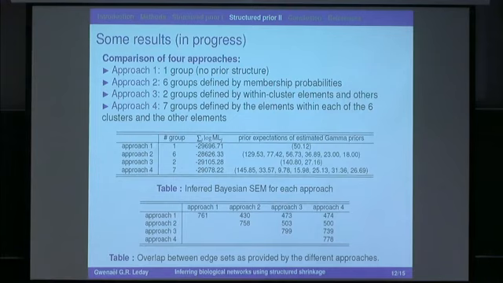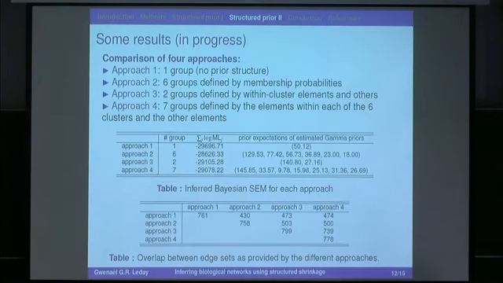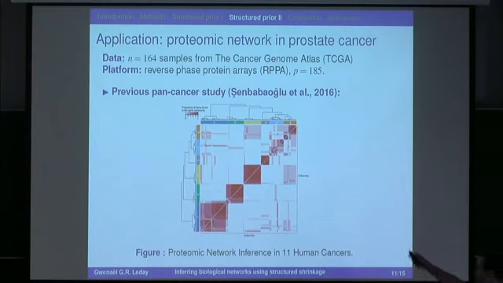The last approach, approach 4, is to define 7 groups defined by the elements within each of these clusters, and there are 6 clusters that they have defined. So 6 gamma priors, and one for the off elements, the ones that are not within the clusters.